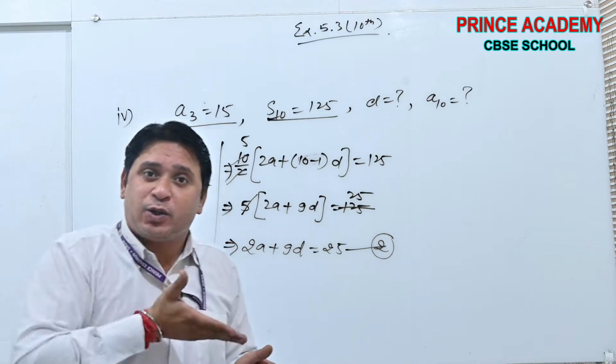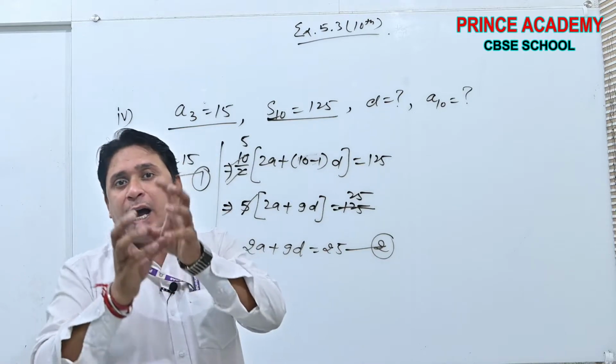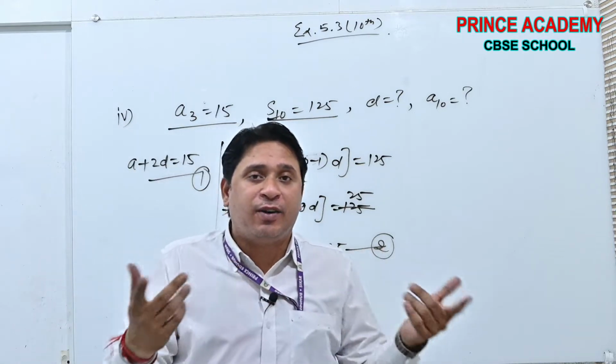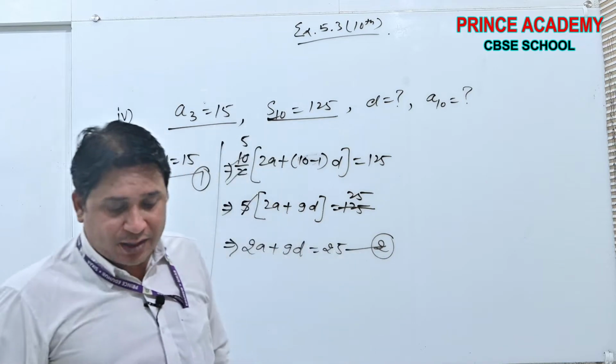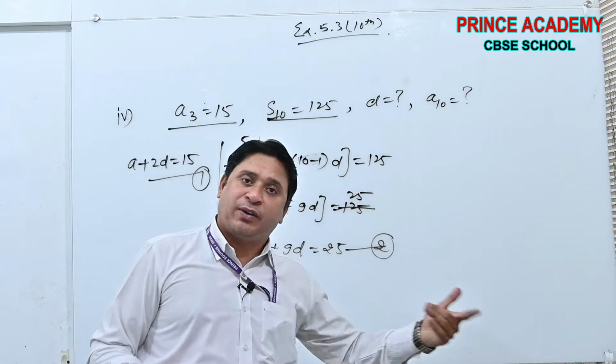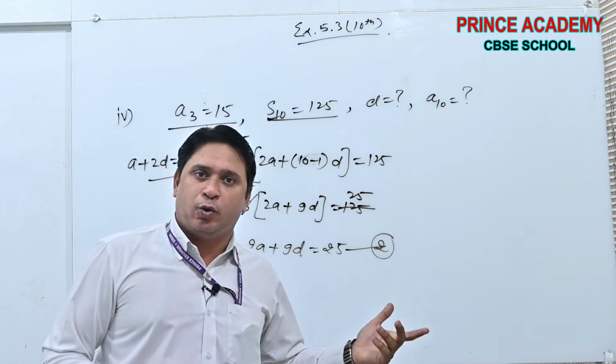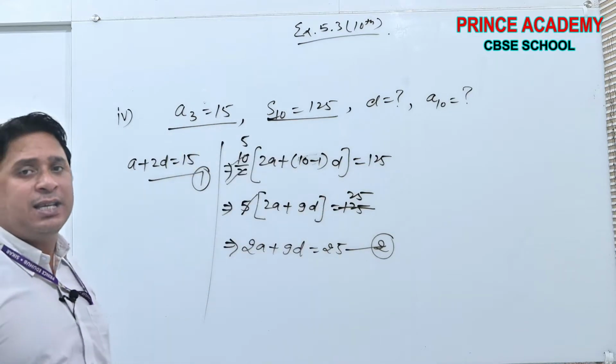At least one variable should be eliminated. It should be cut, so that we can find an equation in one variable and find the value of a variable. Okay, this is the method we will use in the third chapter. We will start after fifth. Okay, elimination method, how to solve linear equations in two variables, we will discuss in exercise third or chapter third.